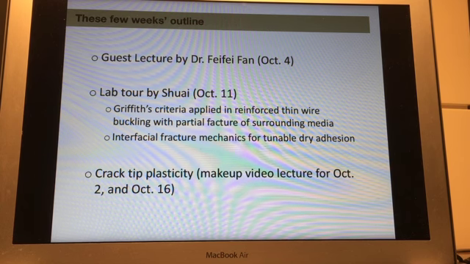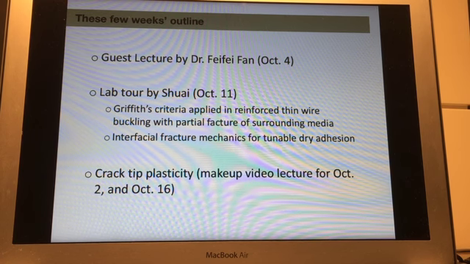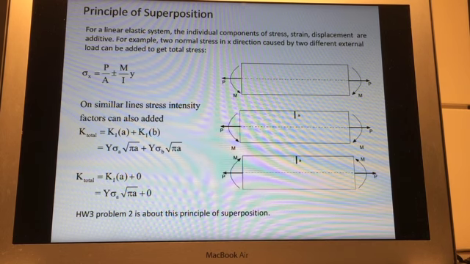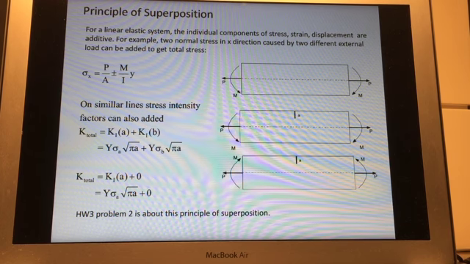Today we're going to look more carefully at the plasticity zone, or plastic zone, right in front of the crack tip, and we look at how researchers in the past have examined this problem, and we try to appreciate their efforts on the topic.